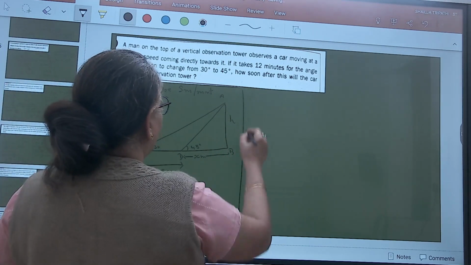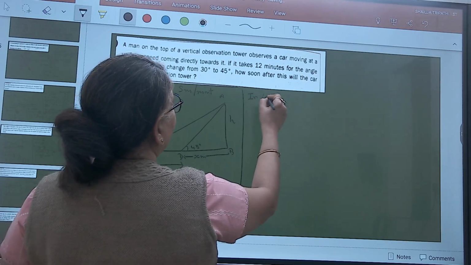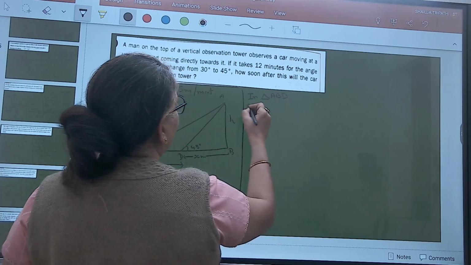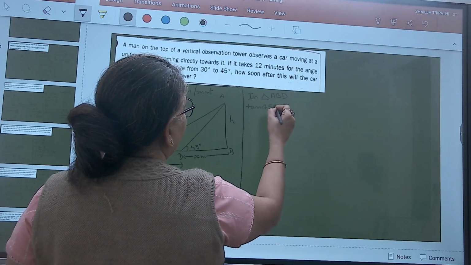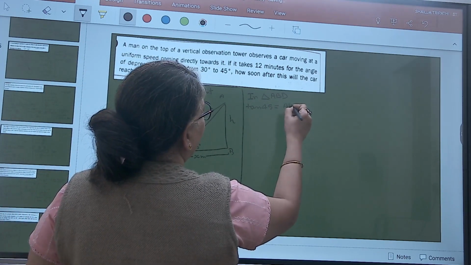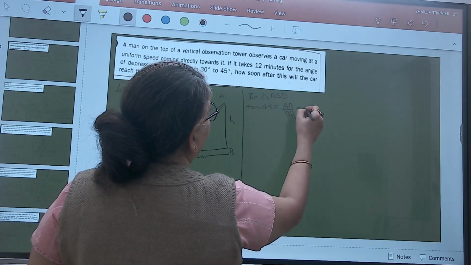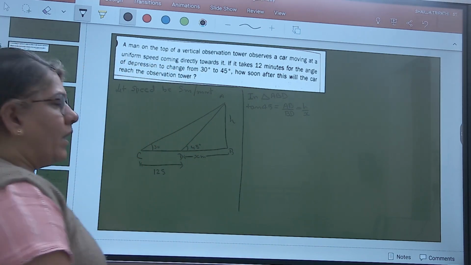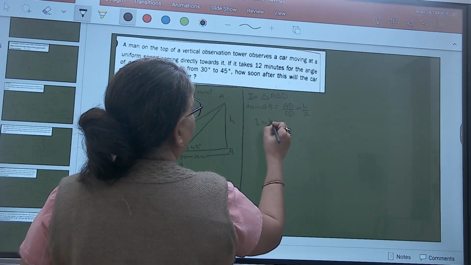Okay. In triangle ABD, what we can write, tan 45 is equal to AB upon BD, which is nothing but h upon x, and tan 45 is 1.